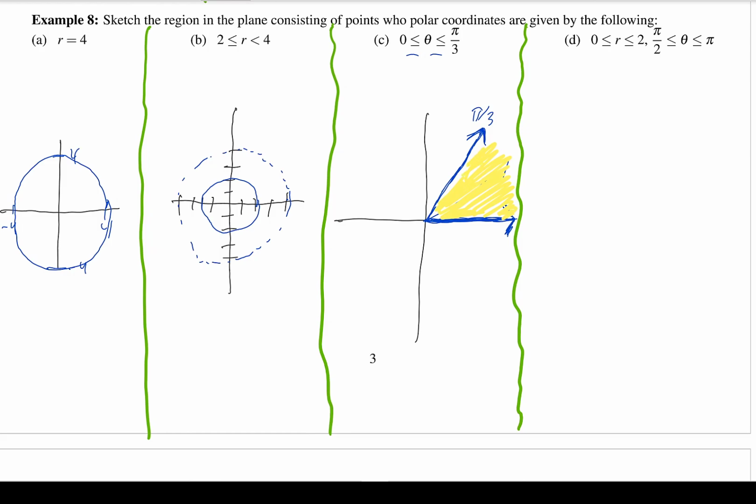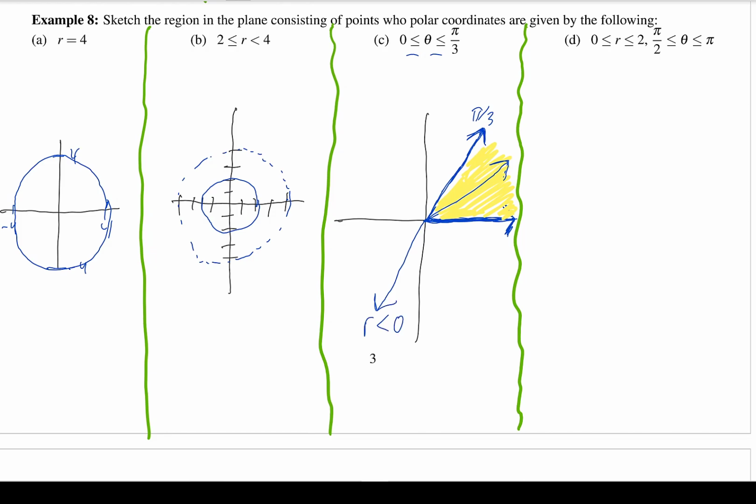Now what if, let me take this again, what if theta was equal to pi over 3, but our radius was negative? Well, that would mean that I would be traveling in this direction. So this is when r is negative.